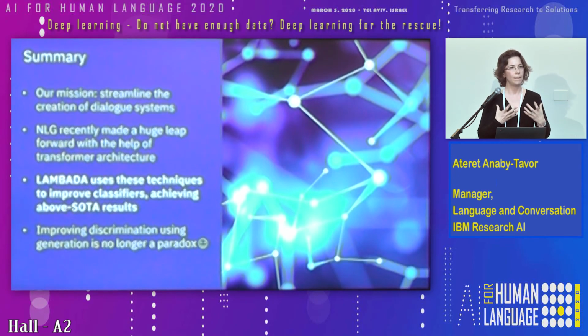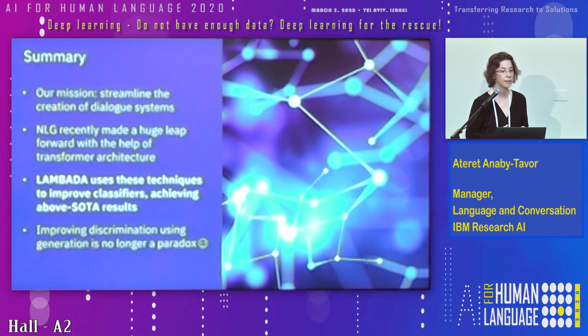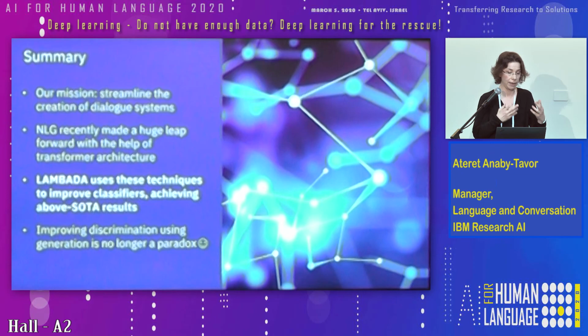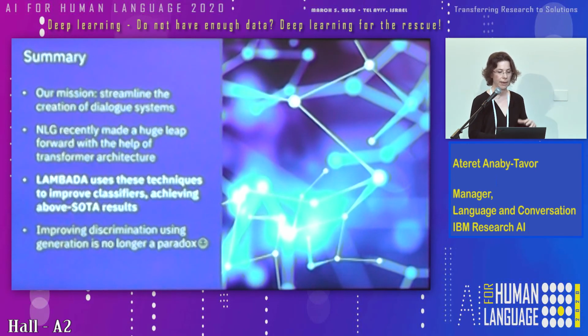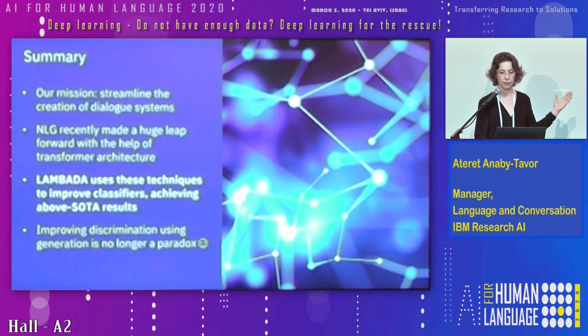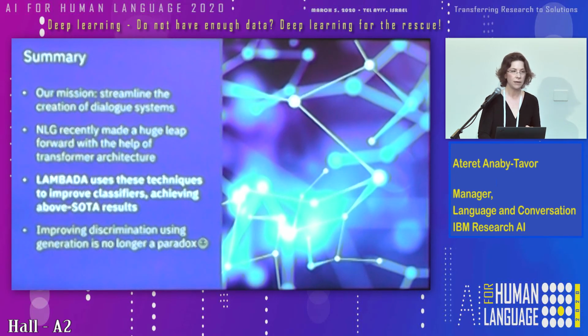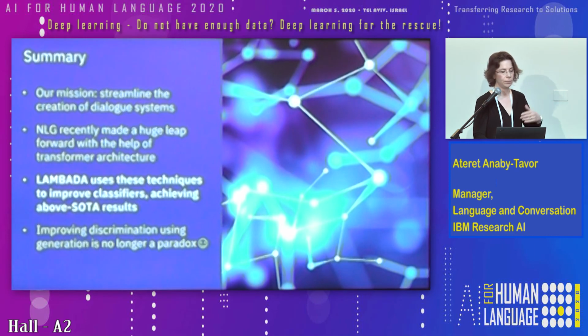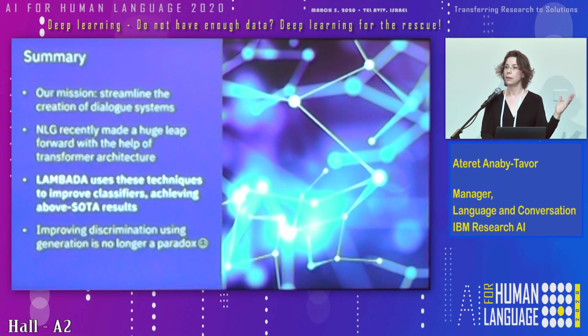And we talked about Lambada, which uses these techniques and demonstrated that it statistically improved classifier accuracy in scarce data situations and beats the state-of-the-art data augmentation methods. So we can safely say now that improving a discrimination task using a generation is not a paradox anymore.